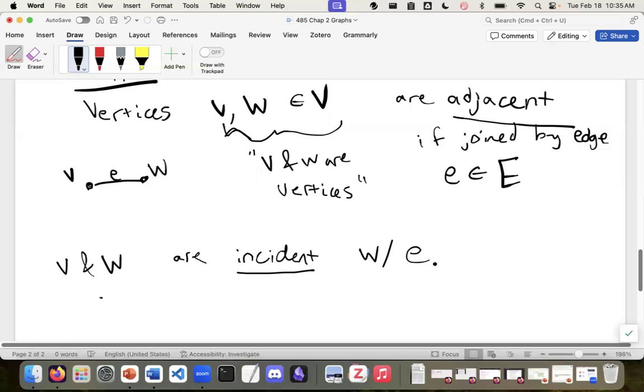And so we can also say that e is incident with V and W. So in the one for A, the U and V are adjacent, right? And the edge, if we named it 1 between U and V, edge 1 is incident with U, edge 1 is also incident with V.